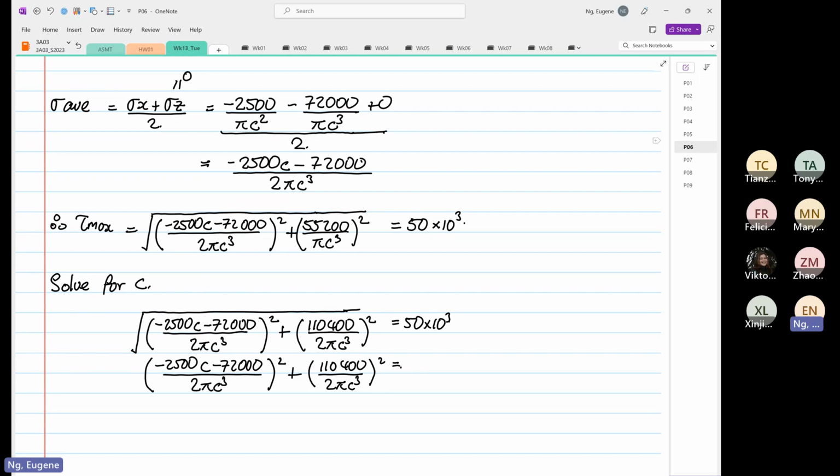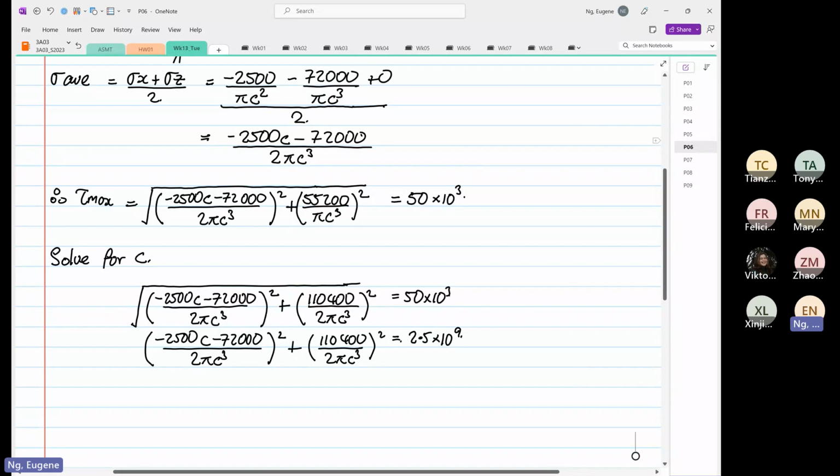And I'm going to square, so 50 to the power 3 squared is equal to 2.5 times 10 to the power 9. Let me do it again. So 50 to the power 3. Yep.